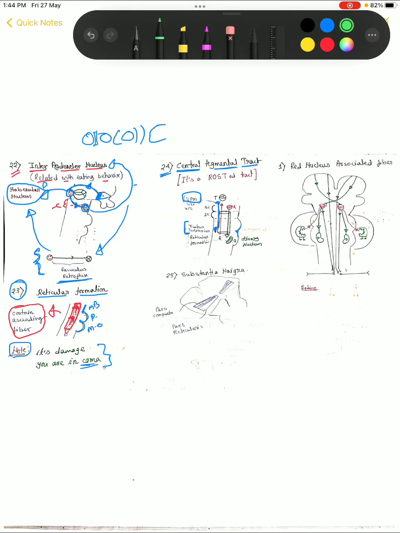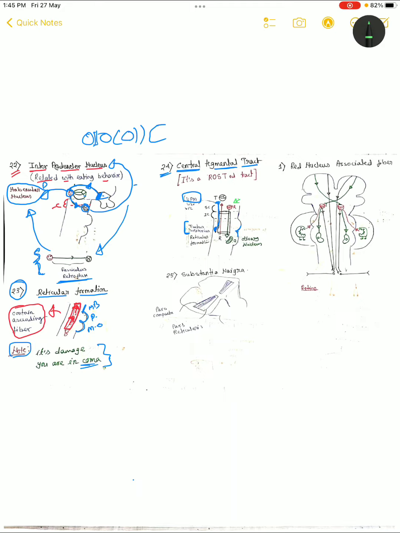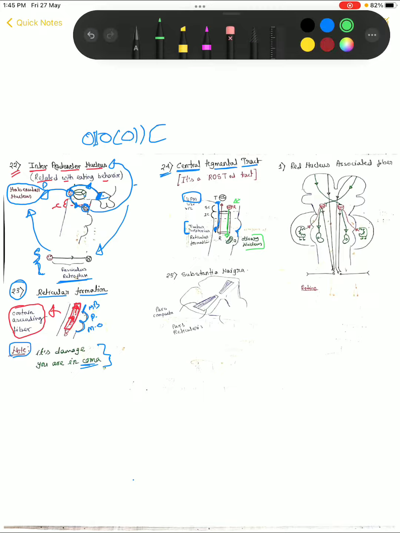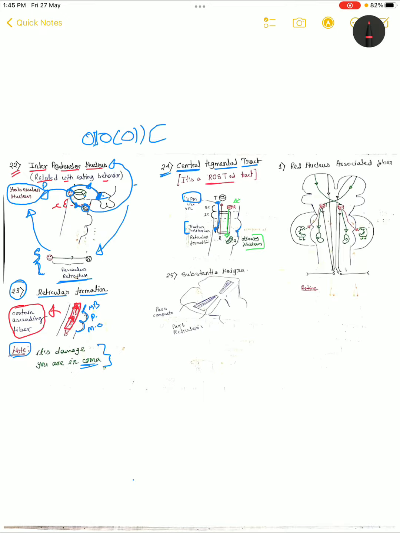One tract is done. Now see again, you see this red nucleus, again at the superior colliculus level, giving a downgoing fiber like this to our olivary nucleus, and you know the olivary nucleus location and steps. So focus here, it is a rostral tract. R for red nucleus, O for olivary nucleus, S for solitary, T for thalamus.